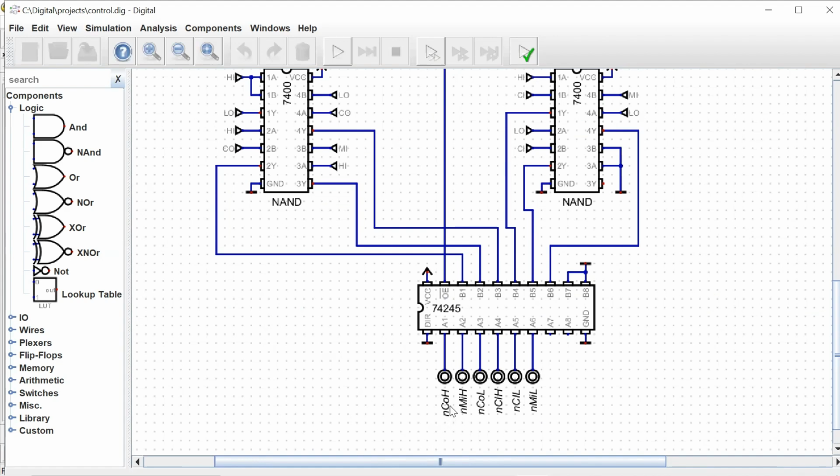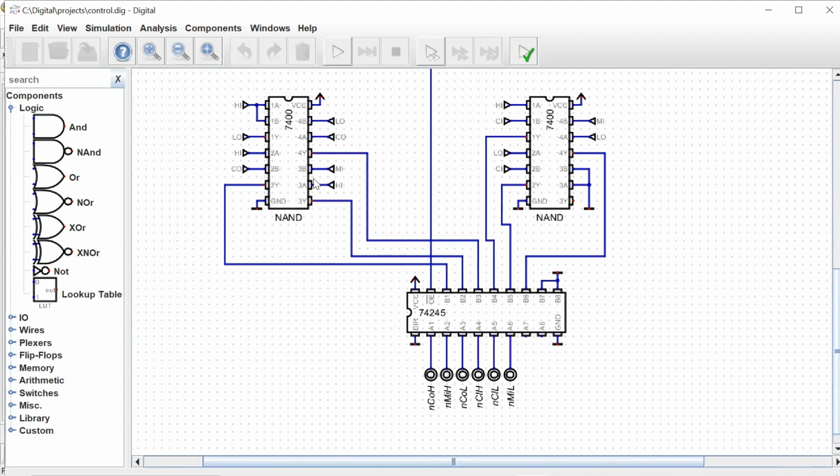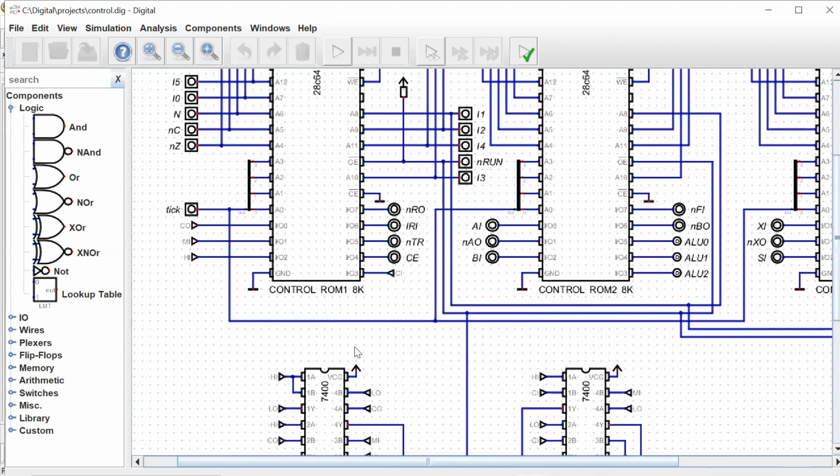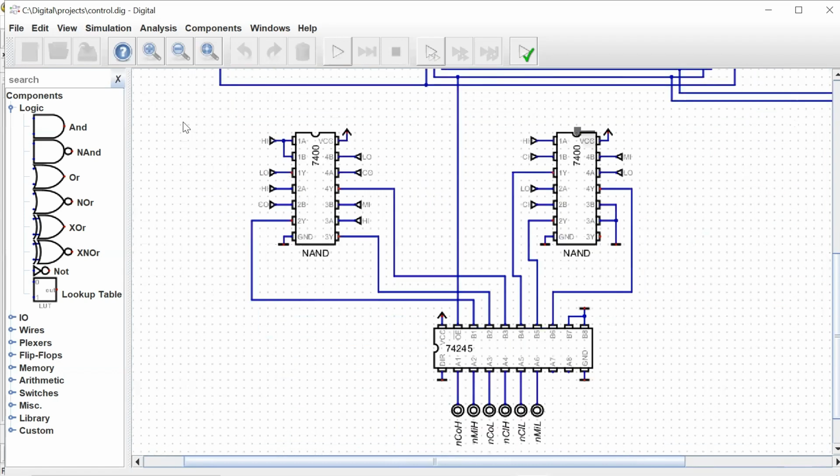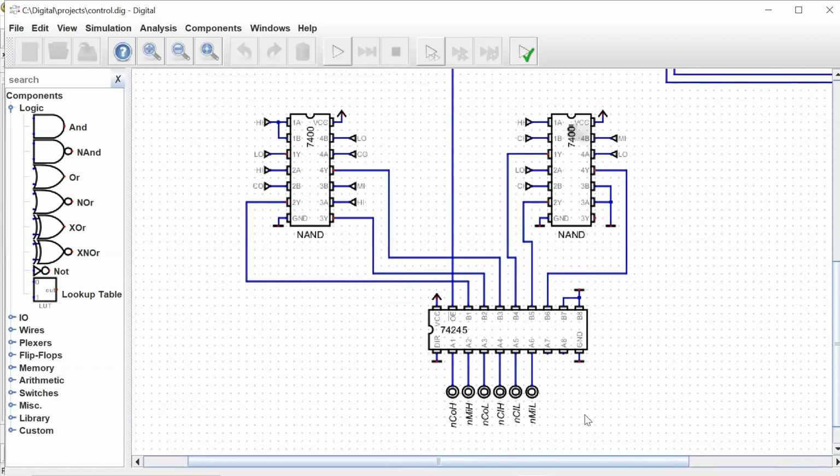We need counter out high, memory in high, counter out low, counter in high, counter in low, and memory in low. So those are 6. But we only have 4 signals that we can use: counter out, memory in, counter in, and a high signal. So that's 4 signals coming out of the ROM, but we need 6.